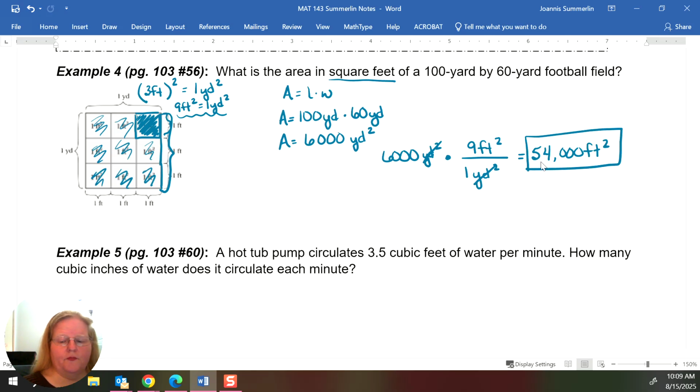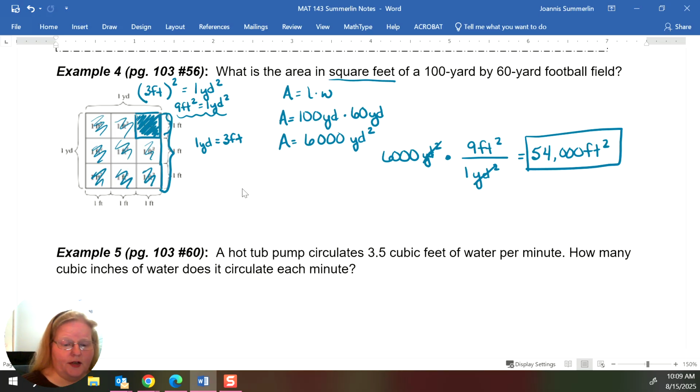Now, a lot of people aren't going to memorize this fact. I don't have that fact memorized, honestly. I don't need that fact memorized because there is a fact that we all have memorized, and that's that 1 yard is equal to 3 feet. We all know that.